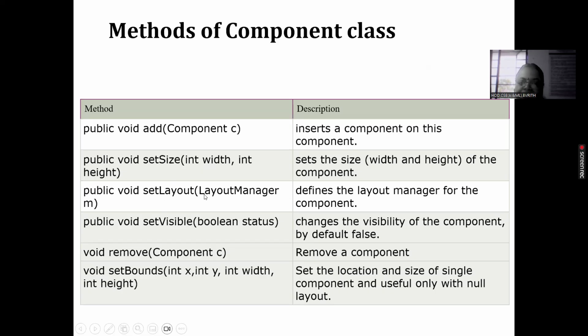Then set visible, whether true or false, lets us display the control or not, and remove lets you remove the control from a particular container. Set bounds lets you specify the position of the control on the window. Okay. So using these methods, we can mostly manage our controls on the window.